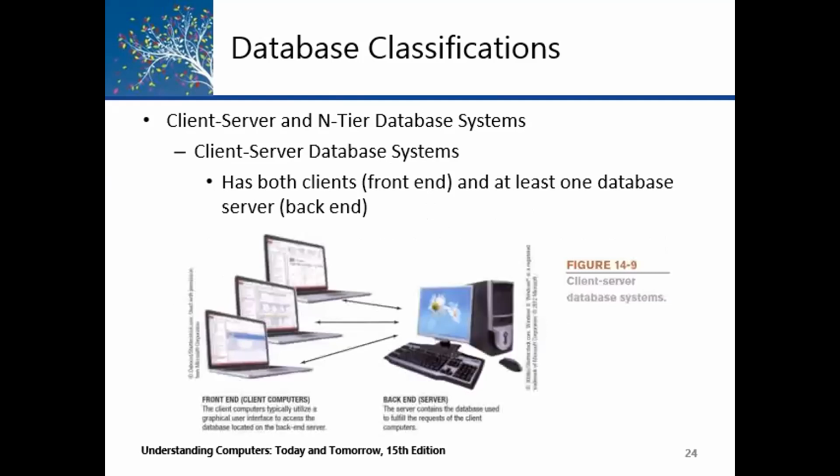So next we move on to client server database systems. A client server database system has both clients and at least one database server. This is the correct one; most organizations are using client server database systems only.